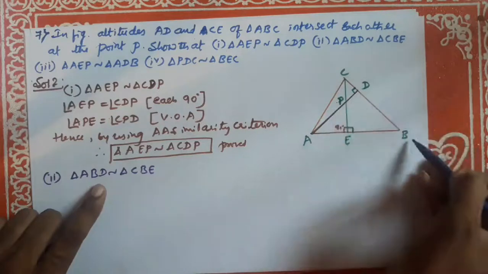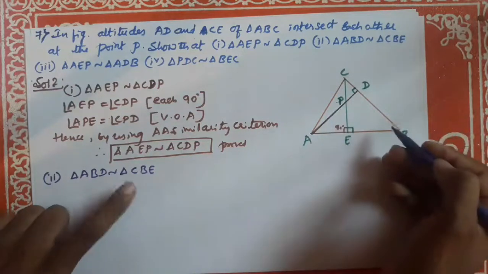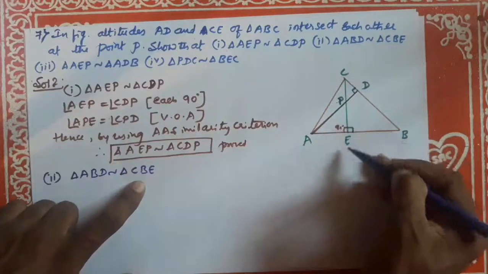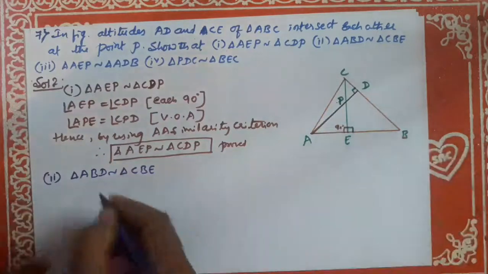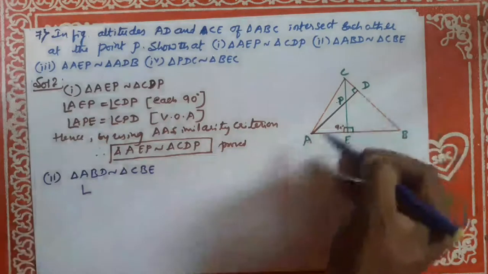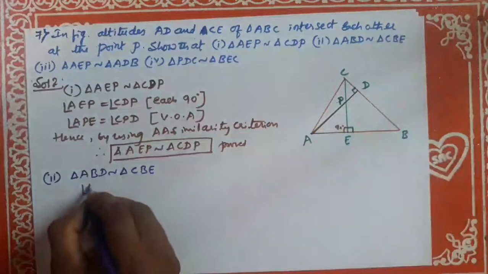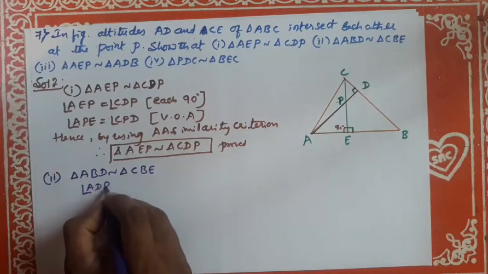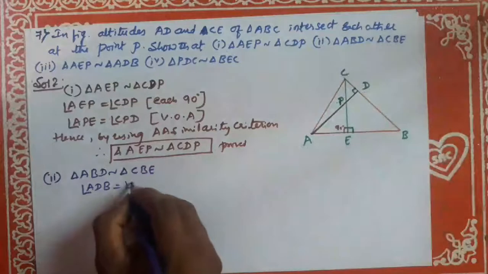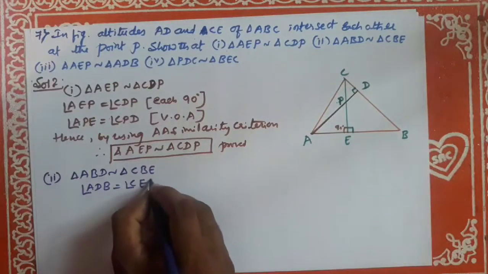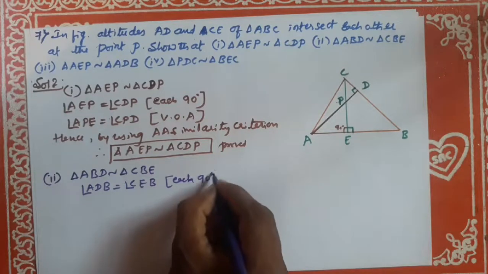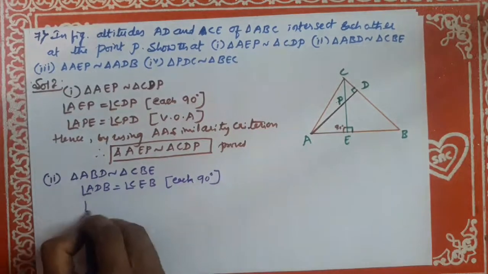Angle ADB is equal to angle CEB, each 90 degrees.